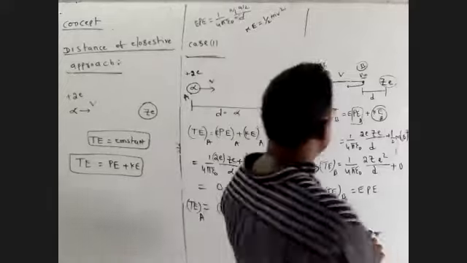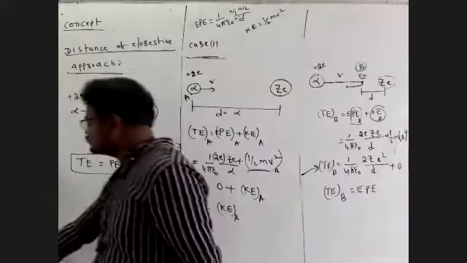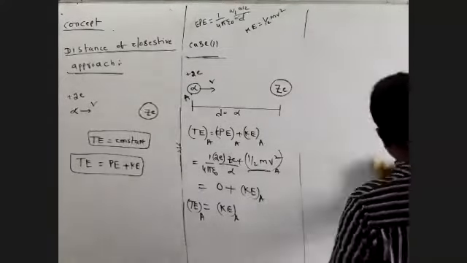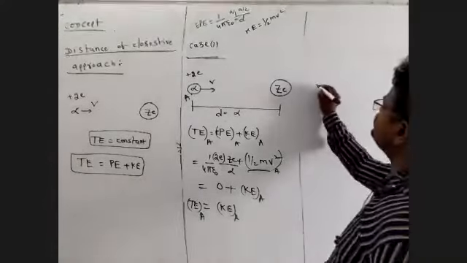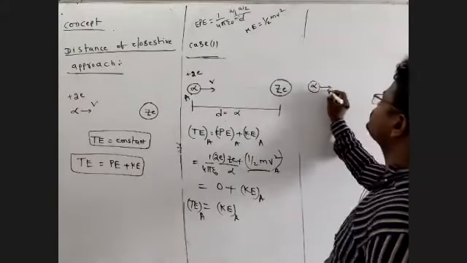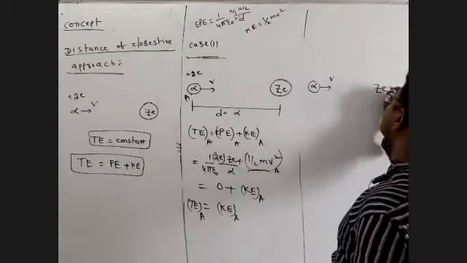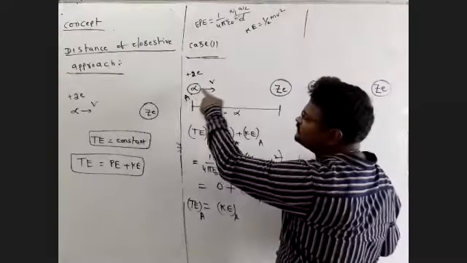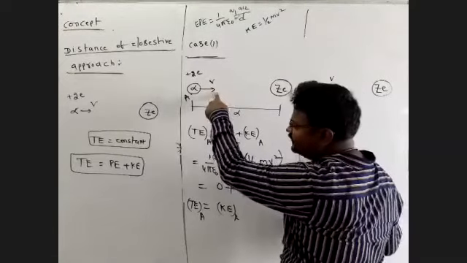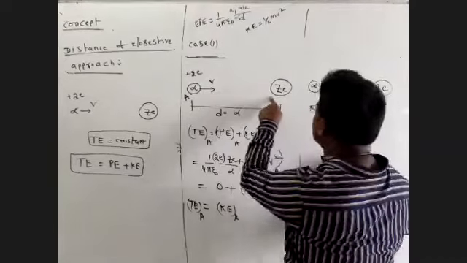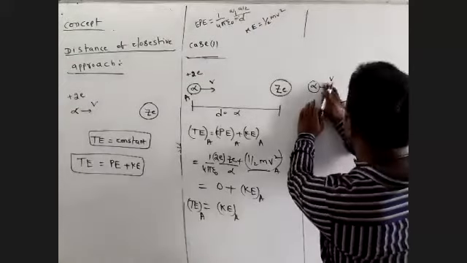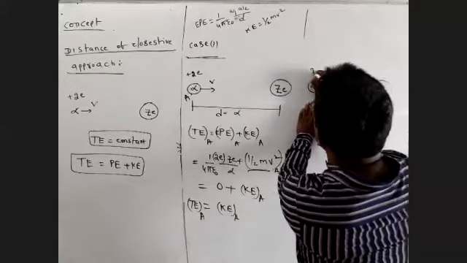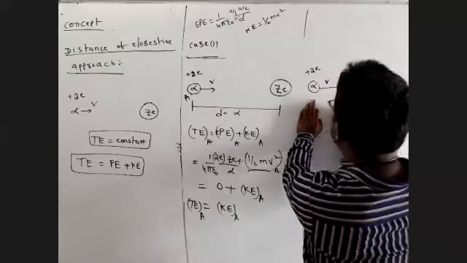Case number 2. This is the alpha particle, which moves with velocity v, and this is the ZE nucleus.